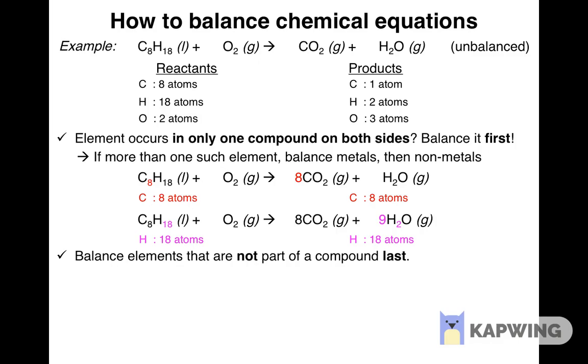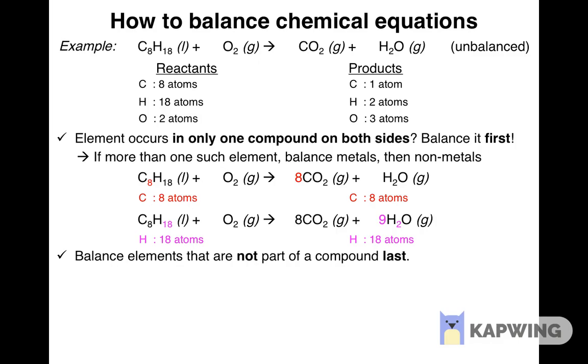After we have added the coefficient 8 in front of carbon dioxide and the coefficient 9 in front of water, the number of carbon atoms on both sides of the chemical equation is 8, and the number of hydrogen atoms on both sides of the chemical equation is 18. So these elements are already balanced.